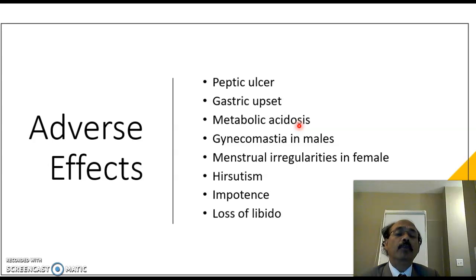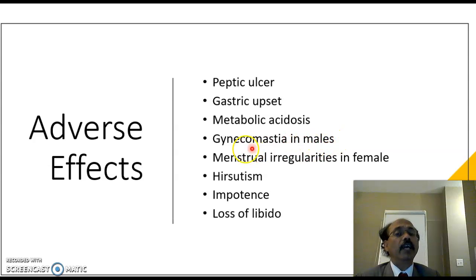Because hydrogen ion cannot be excreted in the collecting duct, since sodium is not reabsorbed. If sodium is not reabsorbed, potassium cannot be excreted, and hydrogen cannot be excreted. Hydrogen will remain in our system and may lead to hyperchloremic metabolic acidosis.